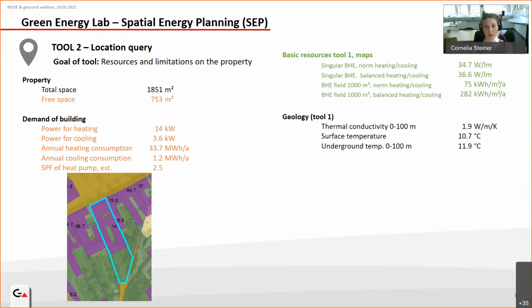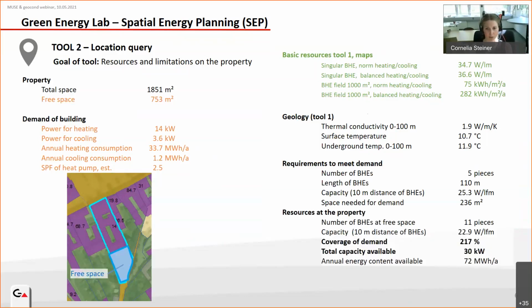So this is basically also the heating and the energy content and the specific capacity, and as I said, the geological information from tool number 1. And then we have the specific calculations that look directly at the property. At first, we take a look at the demand and calculate how many borehole heat exchangers would be necessary to meet this demand.